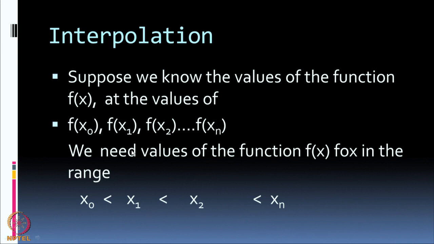What we need is a function that passes through those points, and at points in between, that is, in the range between x naught and x 1 and x 2, intermediate points on the x axis, we want values of f x. My experiment or data does not have those values of f x for intermediate values. The interpolating curve gives me the values at those intermediate points.